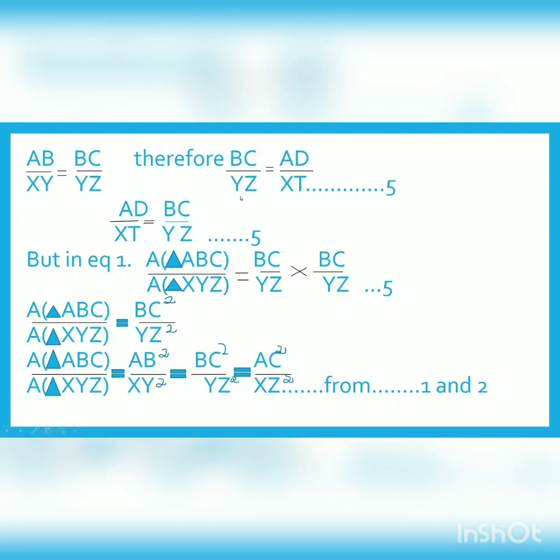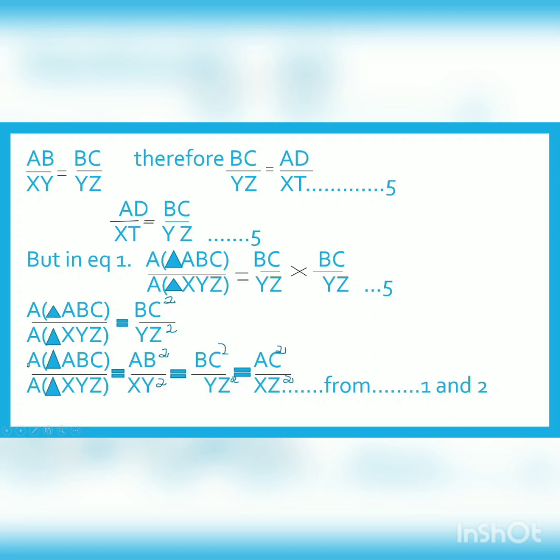From the fifth equation you can substitute AD upon XT as BC upon YZ. So area of triangle ABC upon area of triangle XYZ is equal to BC into BC, BC square, upon YZ into YZ, YZ square.